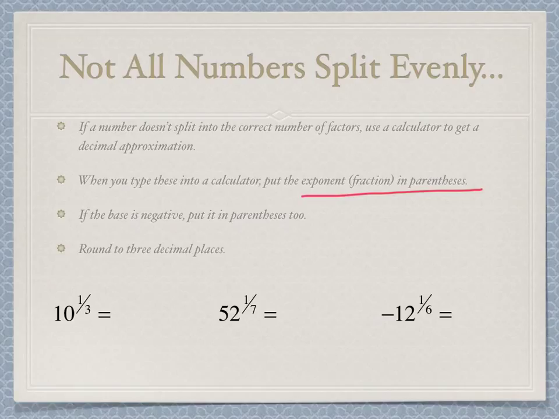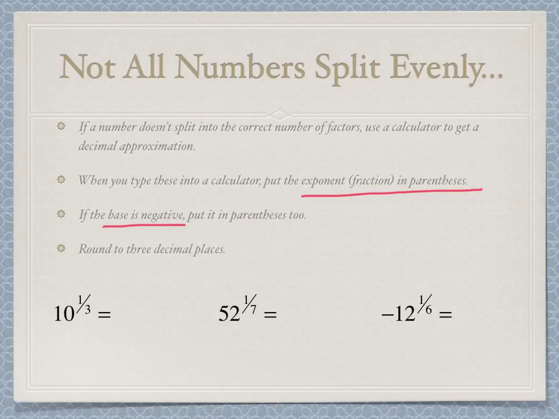And remember, you enter a fraction with division, so 1/3 is like 1 divided by 3. And if the number at the bottom, so the base would be like this number down here, okay, if that's negative, that needs to be in parentheses too. Because remember I told you way back when that if you walked out of my class remembering one thing, it would be that negative numbers being raised to powers have to be in parentheses in your calculator.